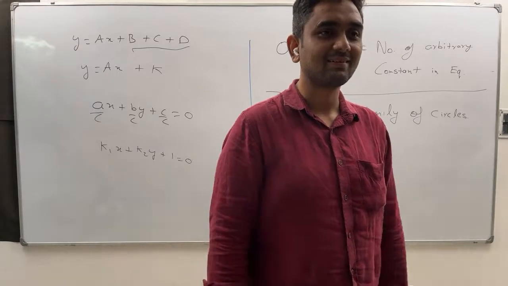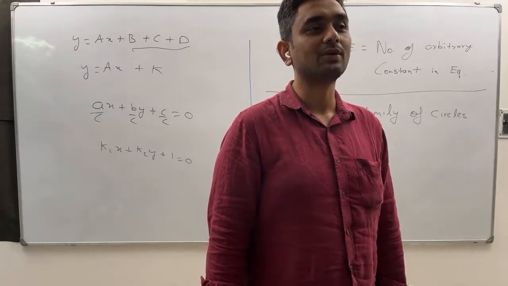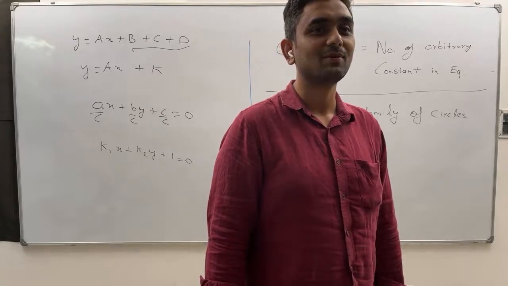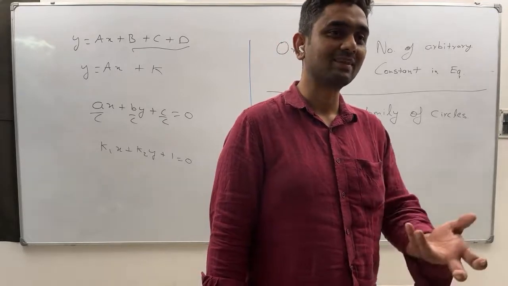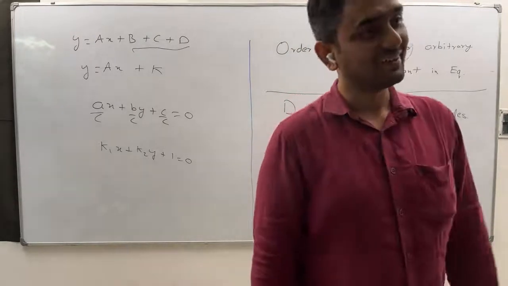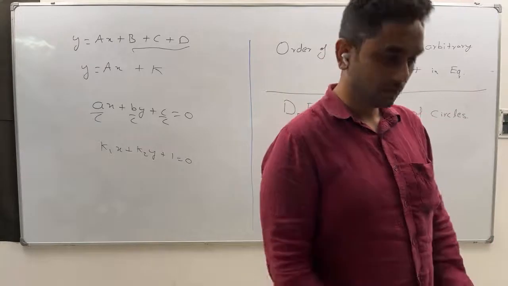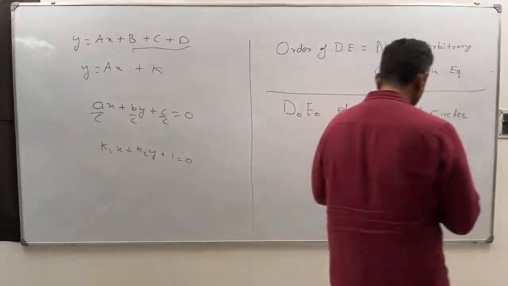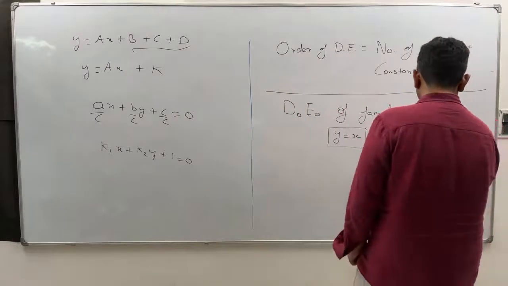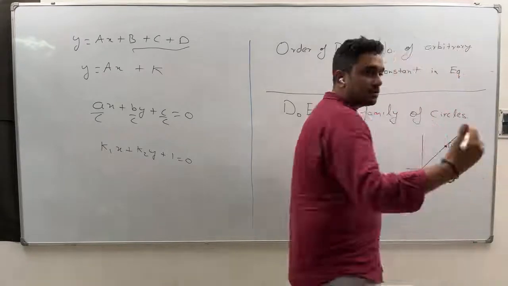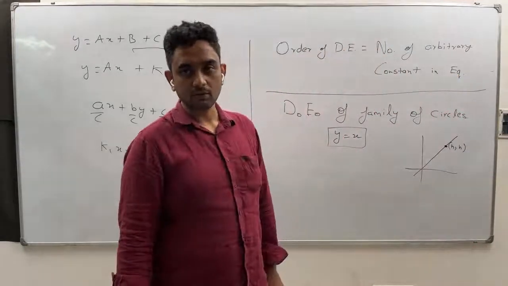What is the center of x square plus y square equal to r square? 0 comma 0. How can the center be r? Center will be a coordinate, so x minus a, y minus b. Any point on the line y equal to x, I can write as h comma h, same coordinates.